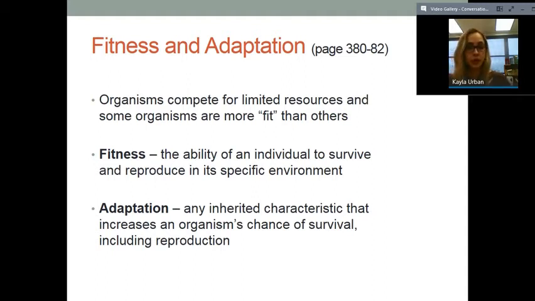One real key here is that all these traits or characteristics have to be inherited, because without it being written in your DNA and being passed on, then that's not something you're going to give to the next generation.